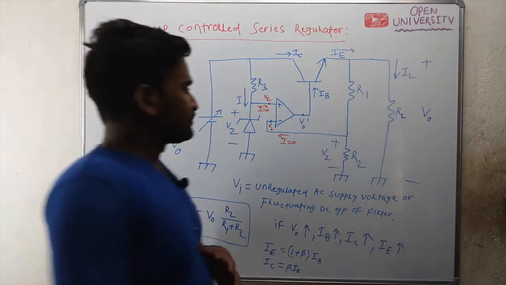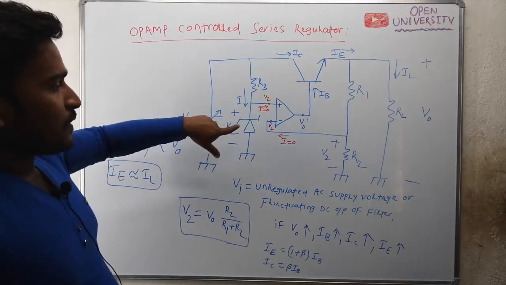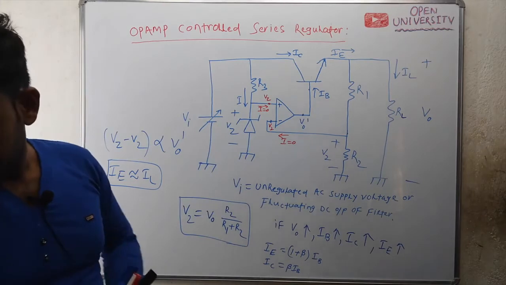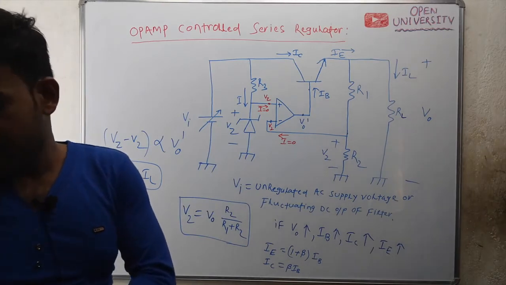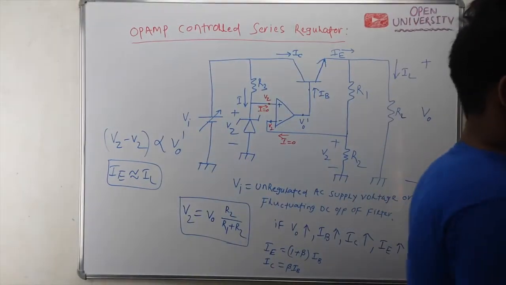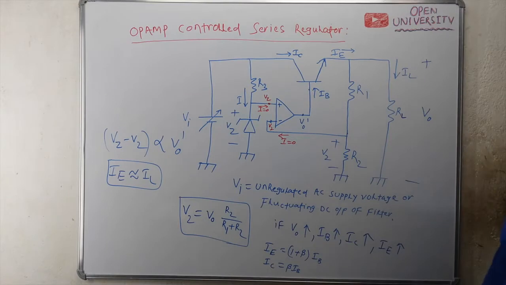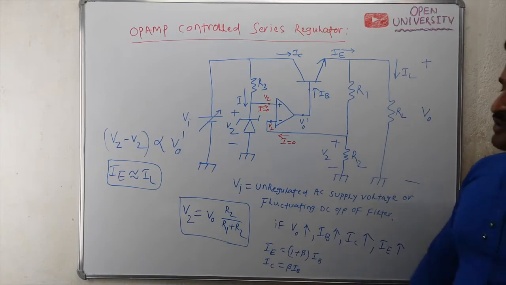First point, the Zener diode is used as a constant voltage source. That is the purpose of the Zener diode.